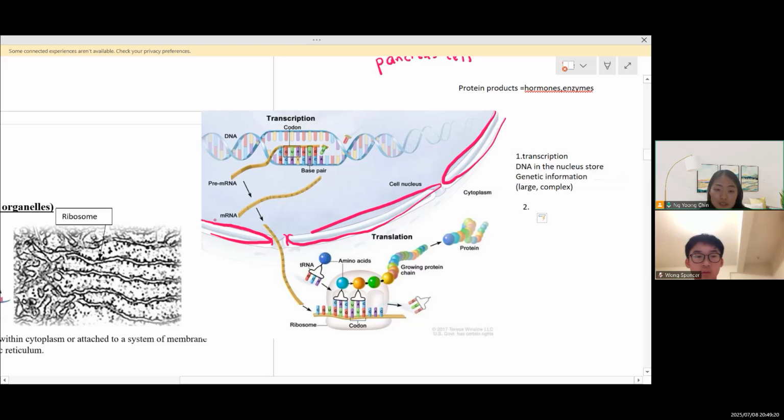See this one, this is an mRNA. We call it messenger RNA. Messenger RNA is being produced from the DNA by the transcription process.